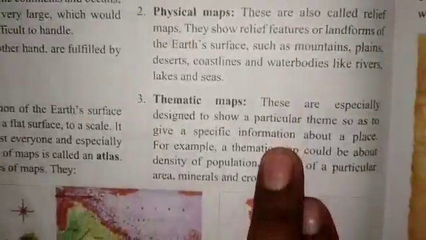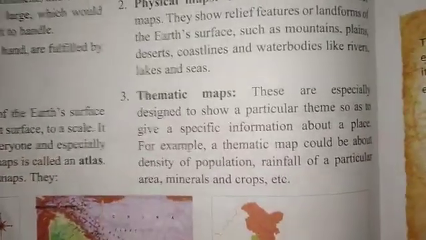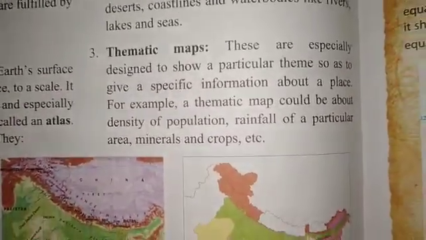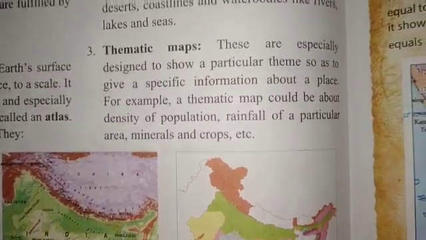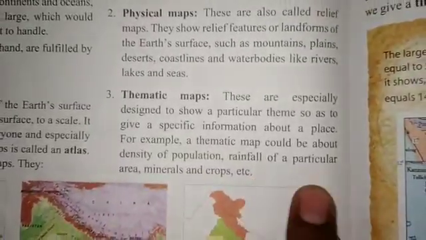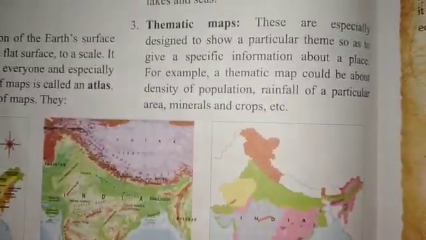The third one is the thematic map. This type of map is specially designed to show us a theme or give us some specific information. In a thematic map, we can see information like the density of population, the rainfall of a particular area, and the minerals or the crops of an area, etc.